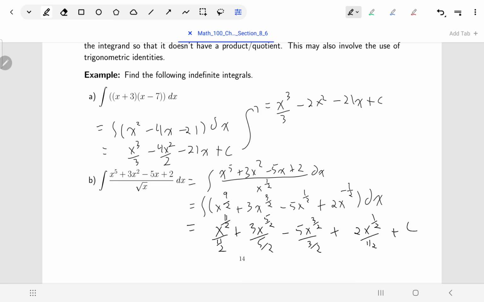And of course, plus our constant c. And then I can just clean that up one step further. So 2x to the 11/2 over 11. I'll have 6x to the 5/2 over 5. I'll have minus 10x to the 3/2 over 3. And then I'll have plus 4x to the 1/2 plus constant c.